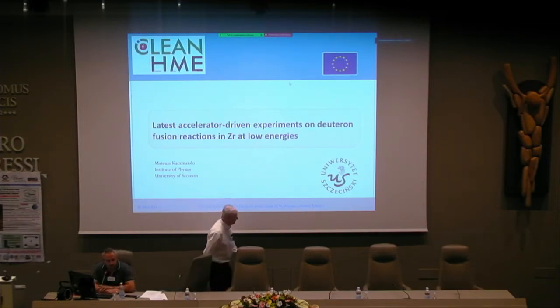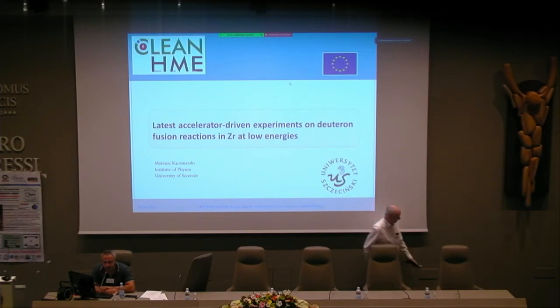Because we are running late, I will try to keep it short. One of the reasons is that my colleagues already spoke a little bit about the electron screening effect, and I just can't skip that, I guess.